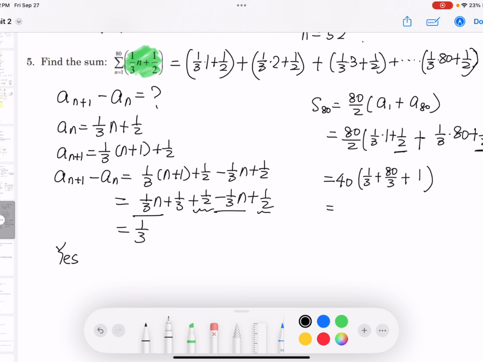So we have 40 times 81 over 3 plus 1. What is 81 divided by 3? 27. So we have 40 times 27 plus 1, which is 28. So we do the multiplication, and it is 1120.